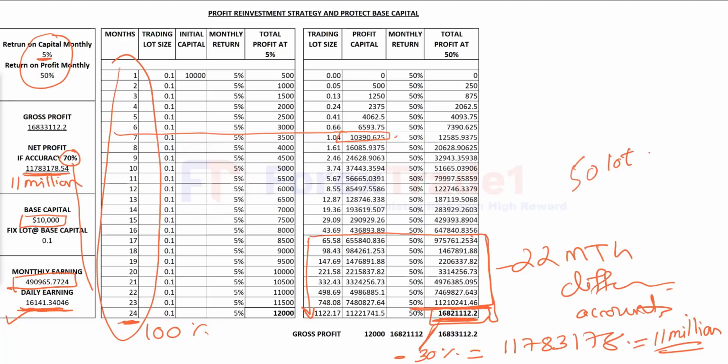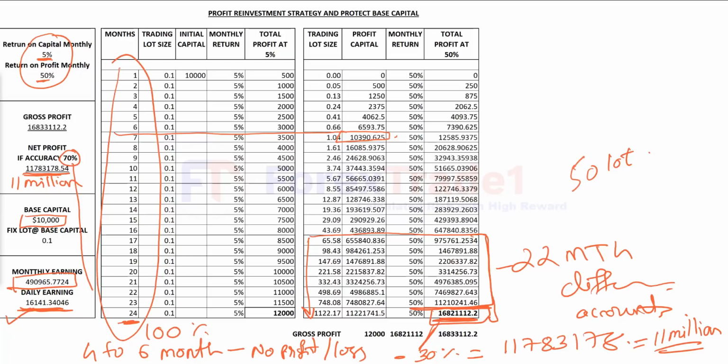50% risk and 50% return of your profit. Suppose out of 24 months there are 4 to 6 months with no profit, and maybe some months with a loss also.